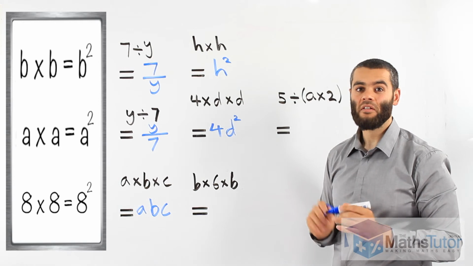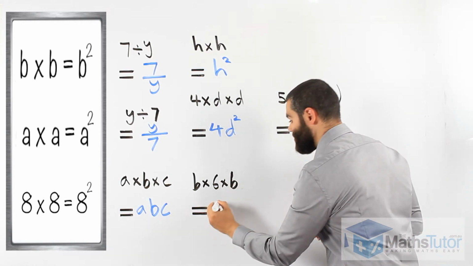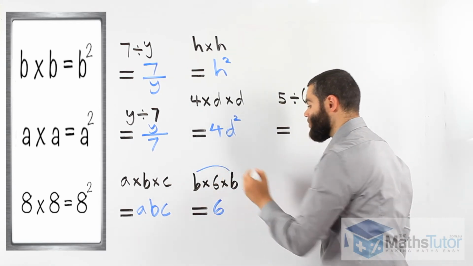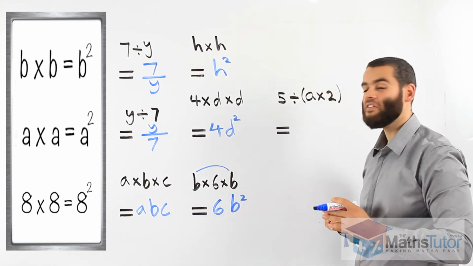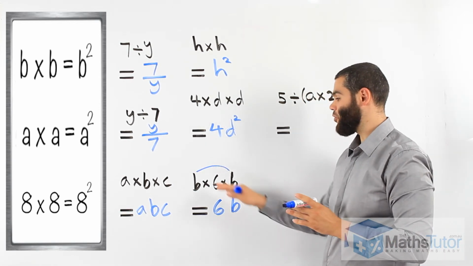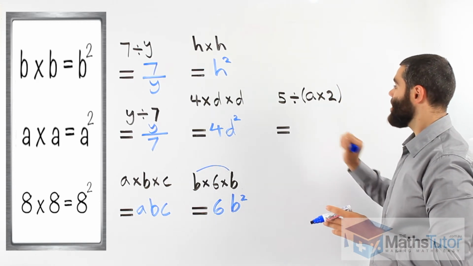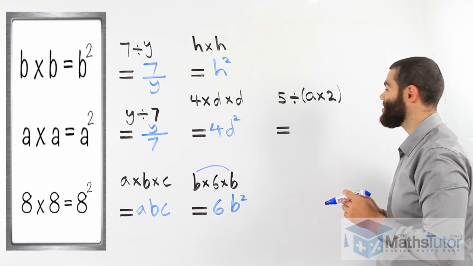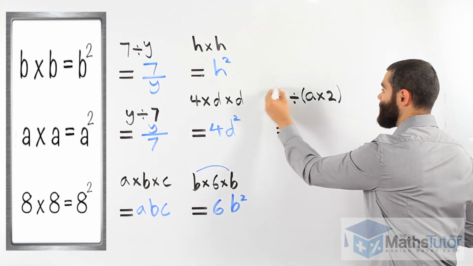B times 6 times B. Again, we always write the numerals first. 6 comes first. B times B is B squared. 6B squared is our answer for B times 6 times B. Here we have 5 divided by everything in the bracket, which is A times 2. 5 comes first.